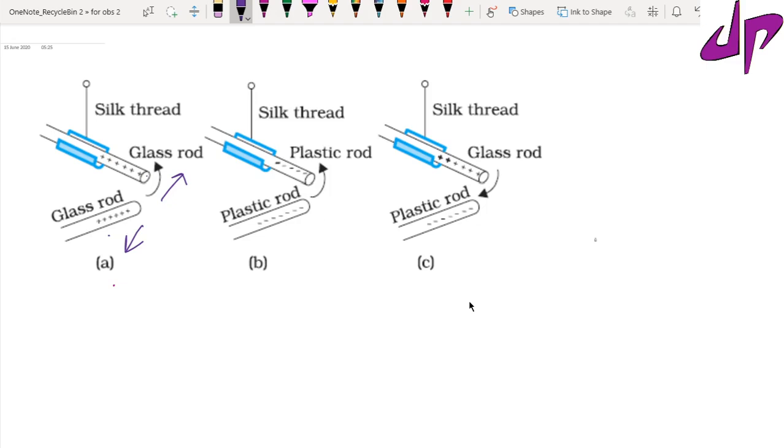So if you bring plastic rods close to each other, they will repel each other because they both have the same type of charge. But if you bring a glass rod close to a plastic rod, since glass is positive and plastic is negative, they both attract each other.